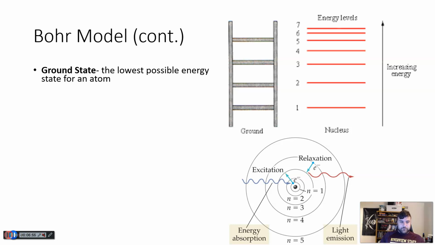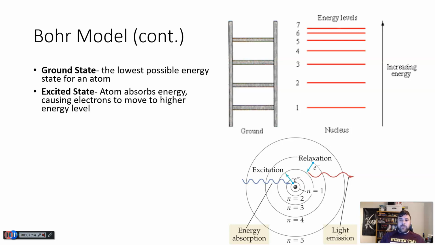So, the ground state being the lowest possible state, what Bohr saw was when energy was added, something happened. After a moment, there would be a release of some color of light. So what he theorized was that there had to be an excited state as well. An atom will absorb energy, which causes electrons to jump to a higher energy level.